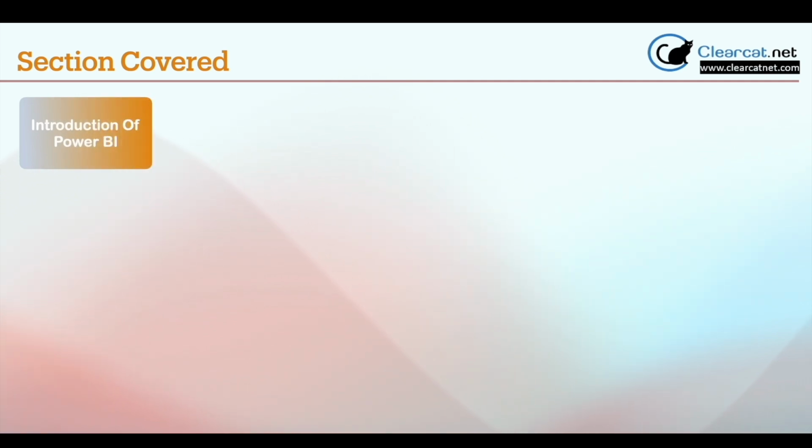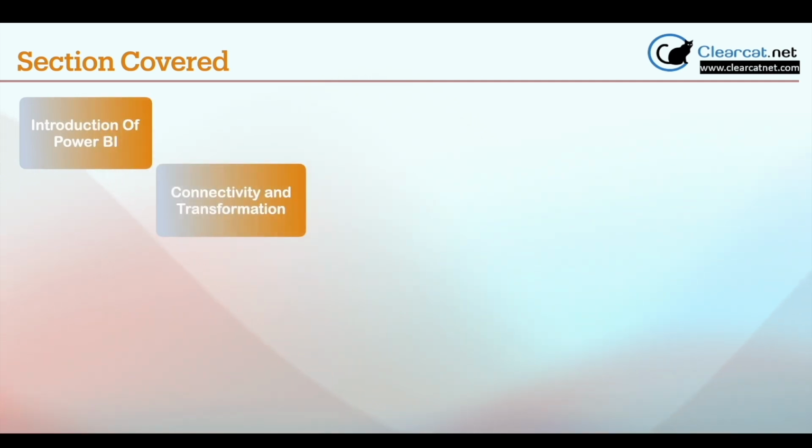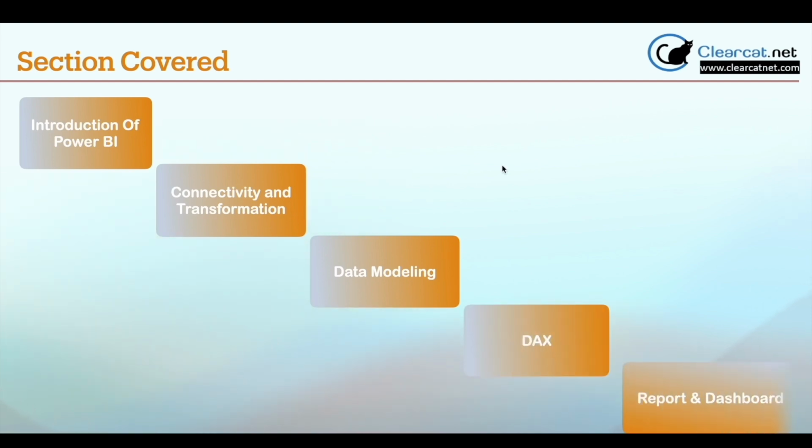Till now, the sections we have covered: introduction of Power BI, connectivity and transformation, data modeling, DAX, and now we are going to learn report and dashboard. In introduction we learned what is Power BI, what is BI, and how it is going to change our thought process. The second one was connectivity and transformation, how we can connect several types of database data sets in our Microsoft Power BI desktop.